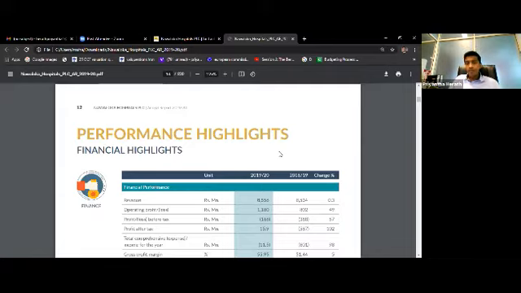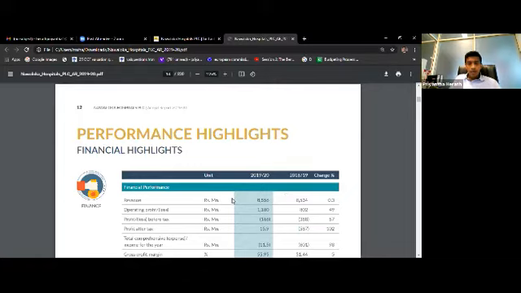Everything is given before the financial statements, so you can get a better understanding of them if you know all these details. That's why they present financial highlights also. Let's go through this report.